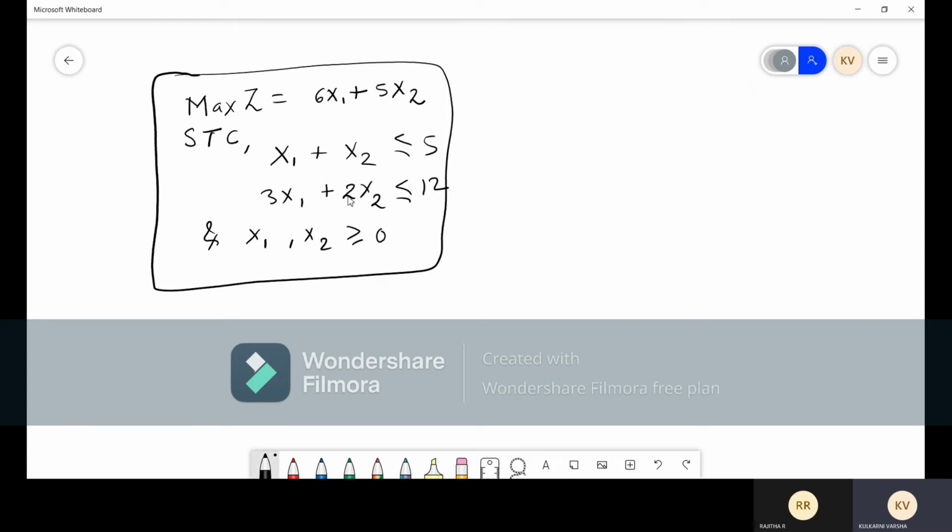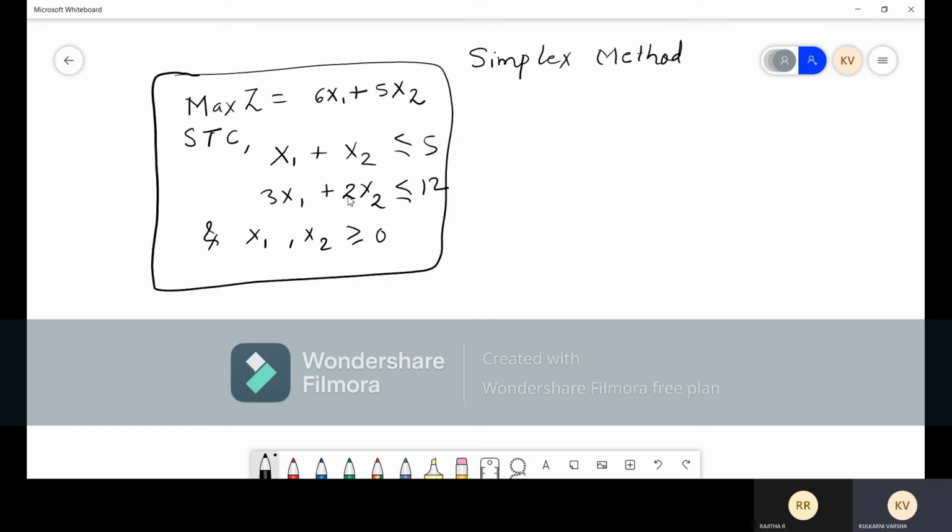So now what we are studying is module 2. Module 2 is completely based on the simplex method. In the 10 scheme also, unit 2 and unit 3 are actually based on the simplex method.